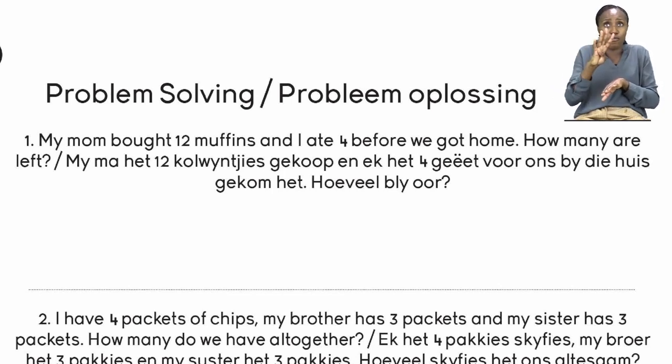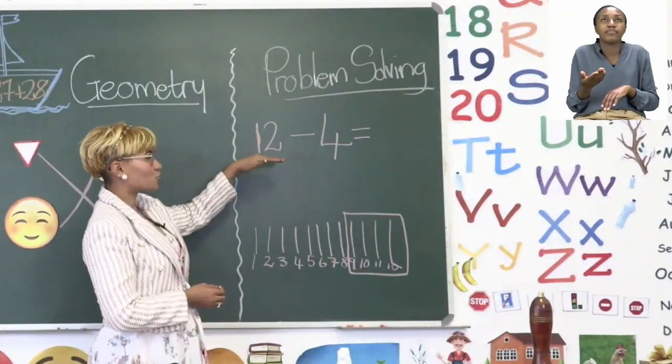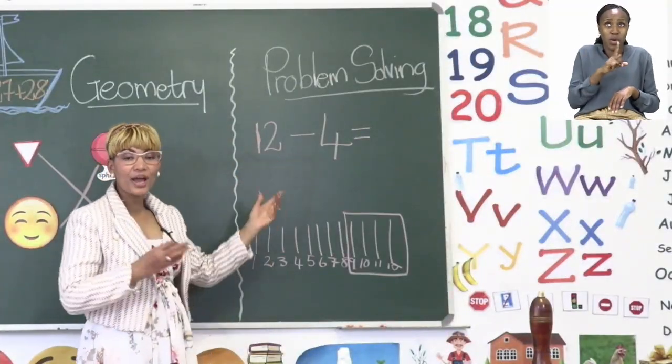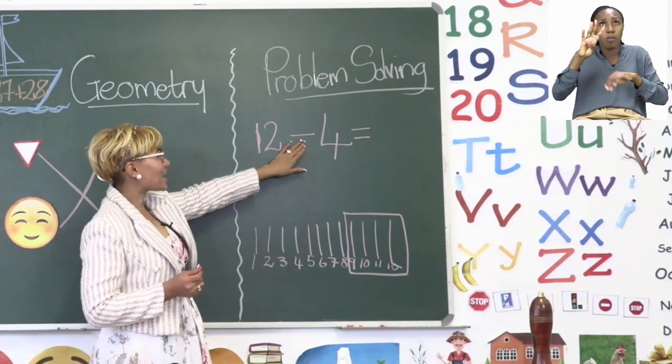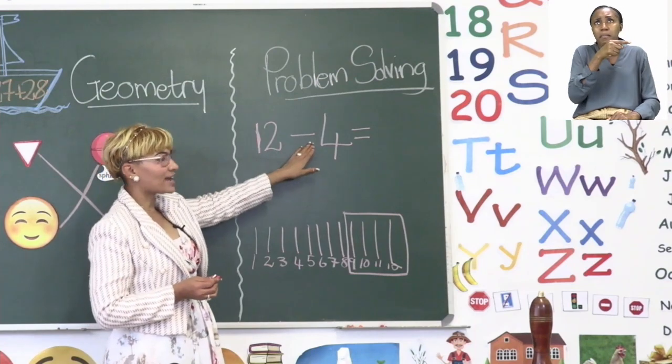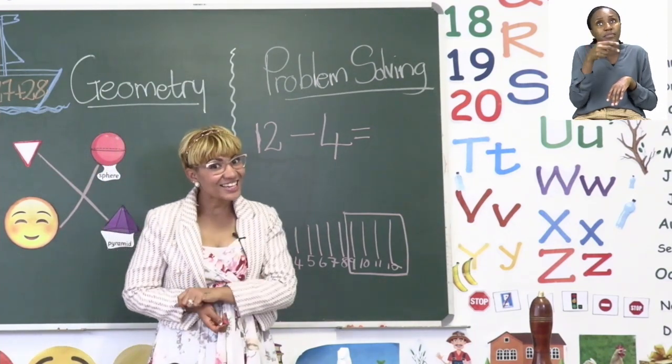How many are left? On the board I wrote the sum where it says your mom bought 12 muffins and you ate 4. So what does that mean? It means that we have to minus or subtract the 4 muffins that you ate.